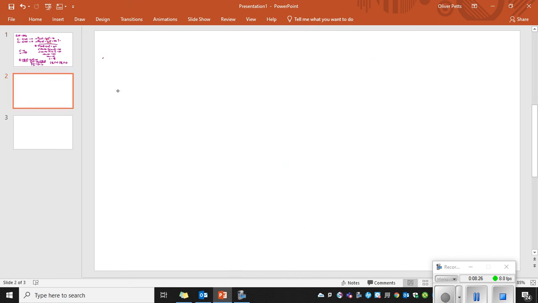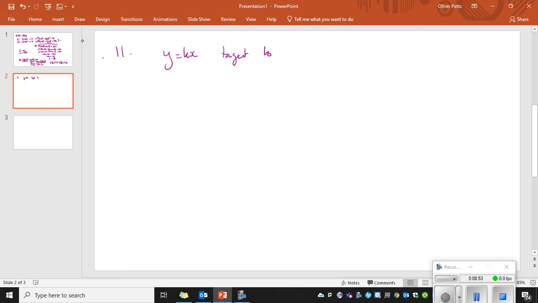Okay, having a little look at question 11 in exercise 6e. Find the values of k for which the line y equals kx is a tangent to a circle with center 3, 6 and radius 2.